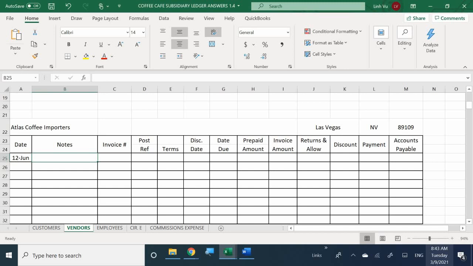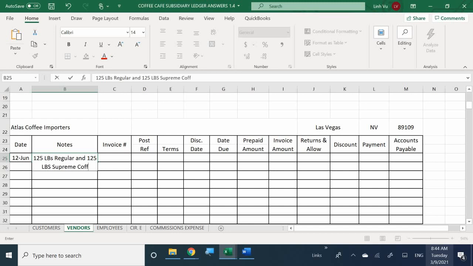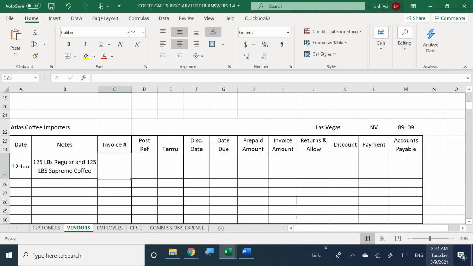In this case, I'm going to write 100 pounds of regular, and 125 pounds of supreme coffee. All right, invoice number once again is 315. Post reference is General Journal number 4.